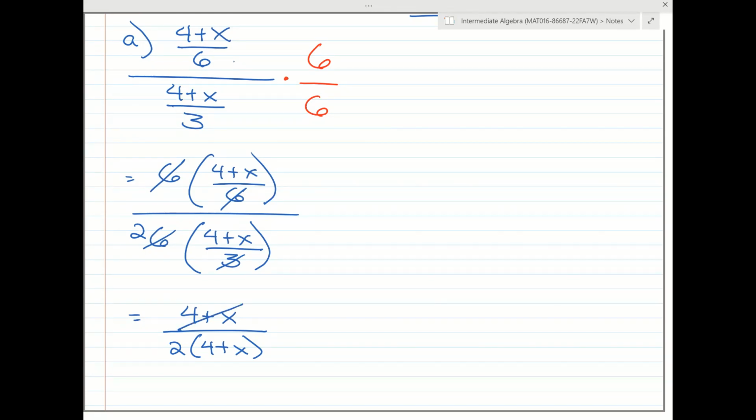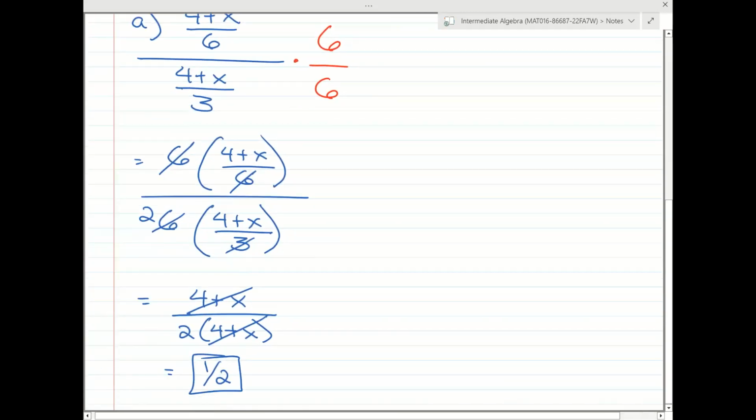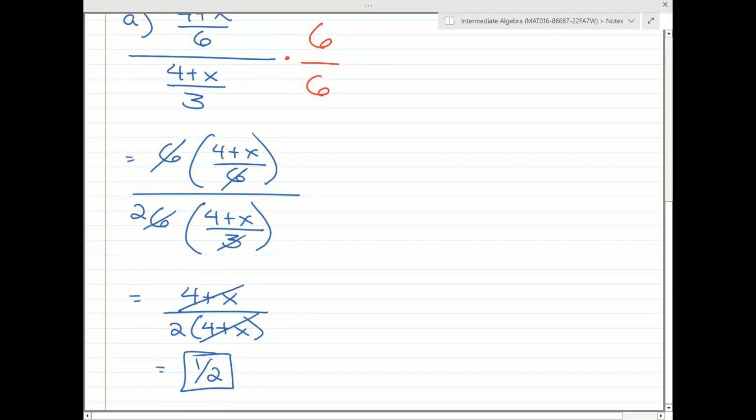These are the same factor, so our final answer would just be 1/2.